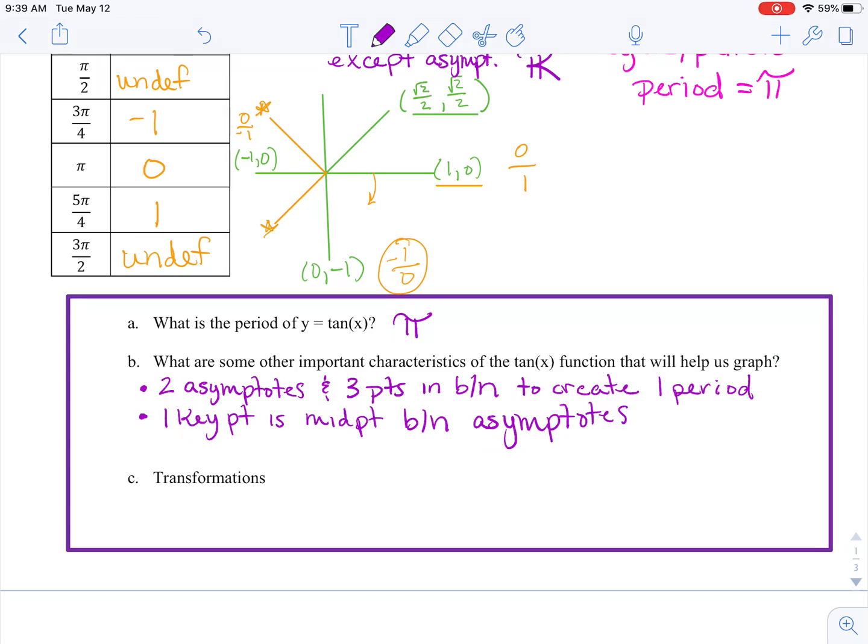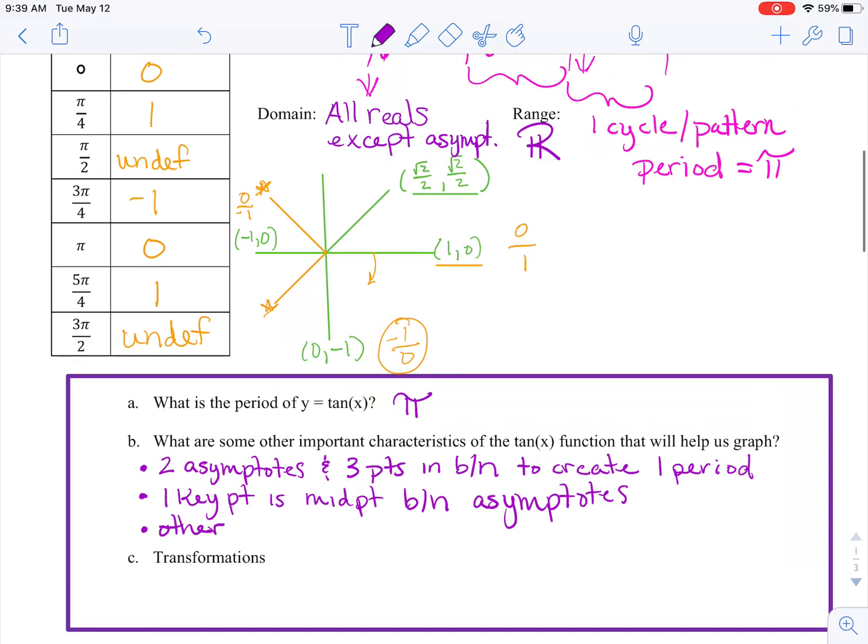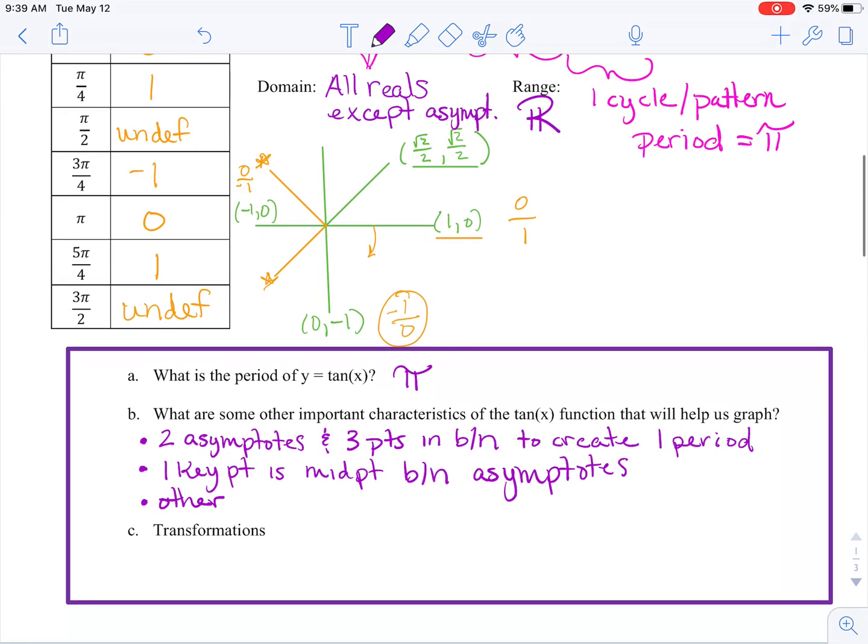Now the other 2 key points, those points are halfway between the x-intercept we just found, and maybe we should say that that one key point at the midpoint is an x-intercept. That's your 0 point. And then the other 2 key points are halfway between the x-intercept and each asymptote at 1 and -1.